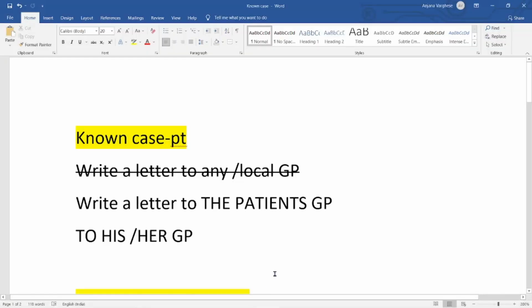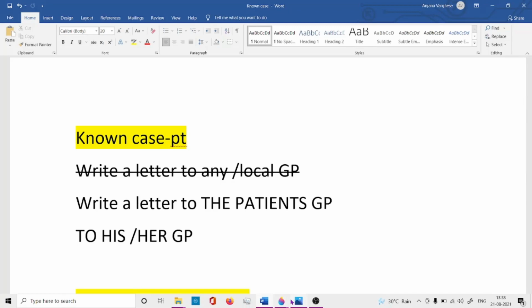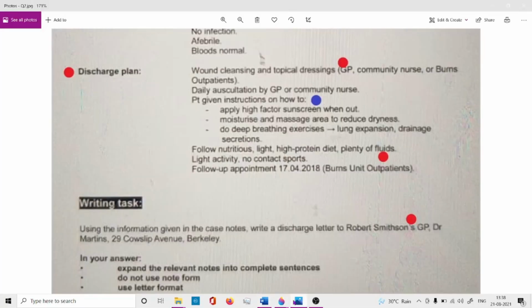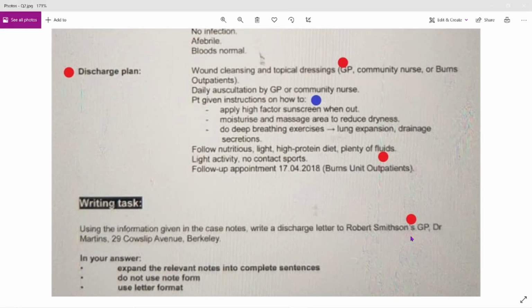Sometimes, instead of this, they write something like any or local GP. Here they are not mentioning anything particular about the GP. In that case it's an unknown case. I am not going to discuss that; only the known case will be discussed, which is common.